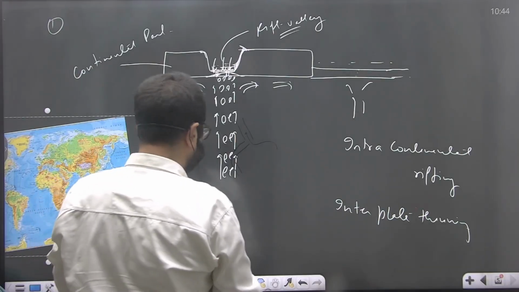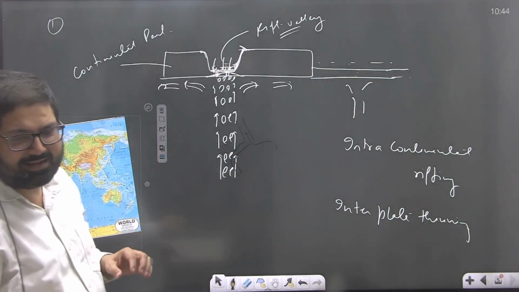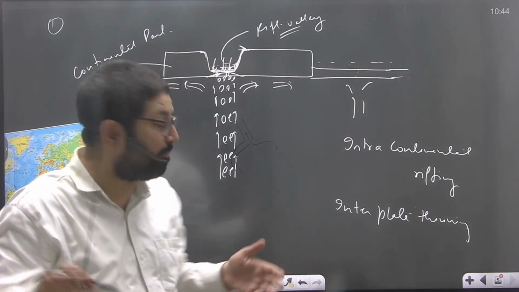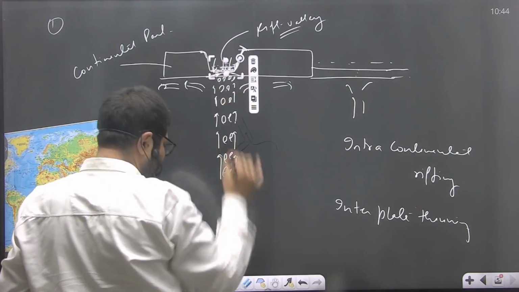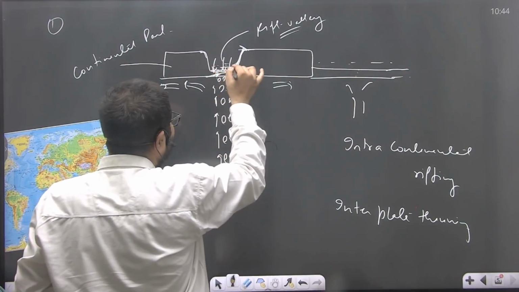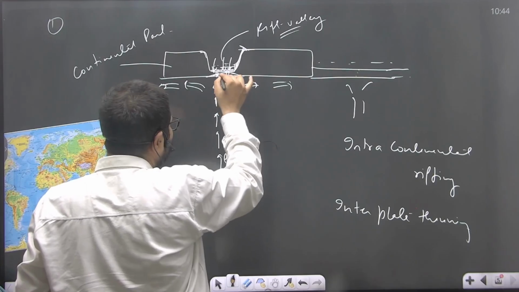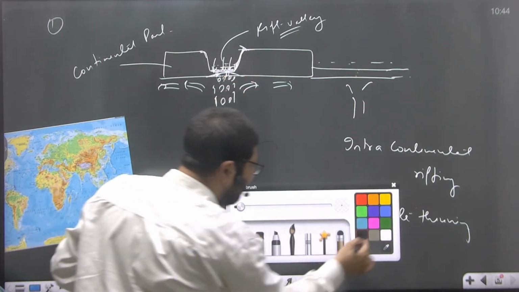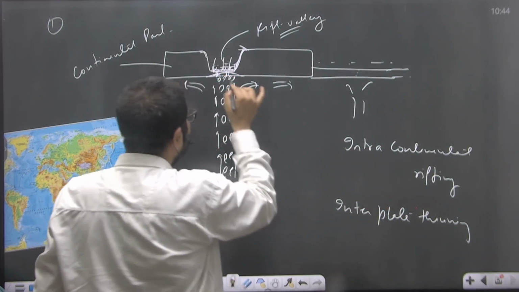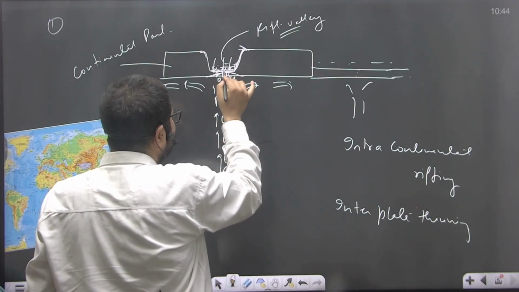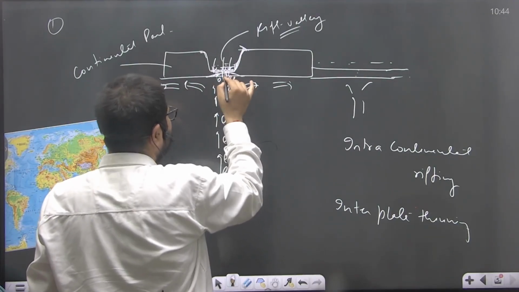Now the third stage is ocean ridge formation. Now what happens once sea water has entered into it? Now this regular melting continues. As a result, the continental crust ruptures.